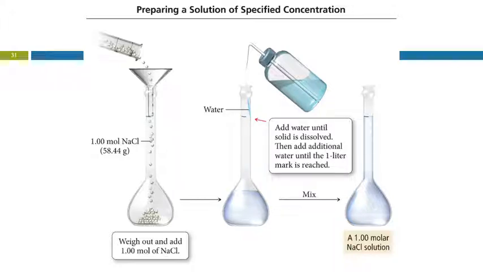The reason it has a long skinny neck is because then it's got a very small surface area, and so a little change in volume will be a big change in the height of the meniscus, so we can be more precise. So you want to add water until the bottom of the meniscus is right at that line. Then you're going to put a stopper in the top, and then you have to invert it and mix it. We'll be doing this on a smaller scale in, I think, experiment 4B. We're going to make salt solutions.